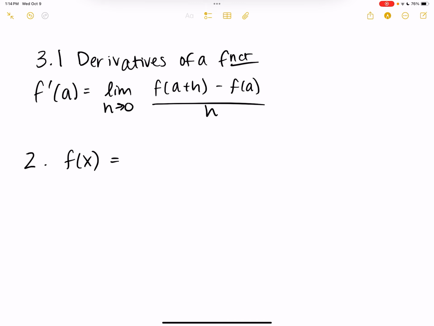All right, number 2, f of x equals x squared plus 4, a equals 1. So in the notes they did x plus h. In here they're using a plus h. x and a can be used interchangeably. In some problems they're going to use x and some they're going to use a. Just be aware of that. So all I do is just like what we were doing the other day when we were finding the slope. It's pretty much the same exact thing. This is just the definition of a derivative now.